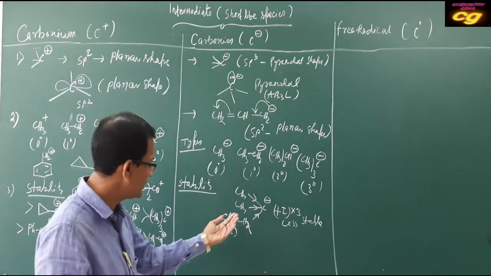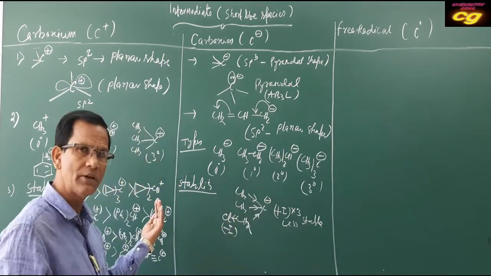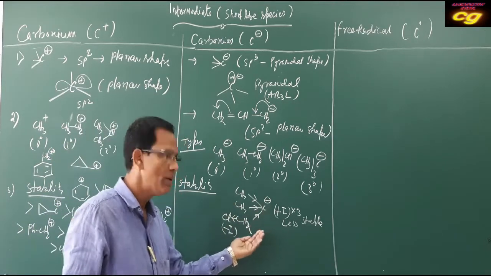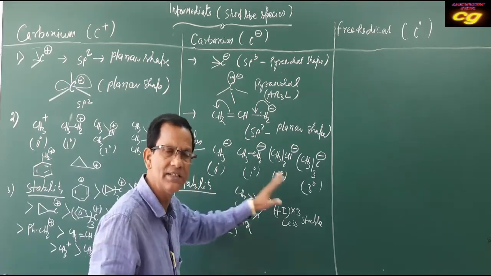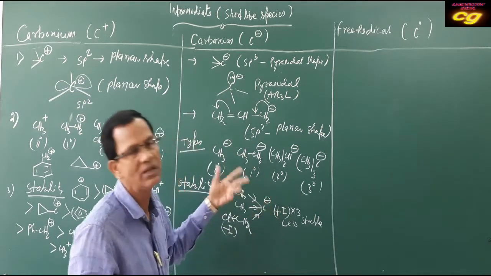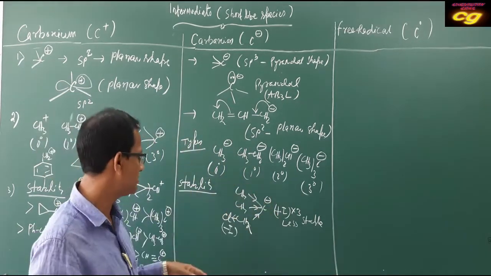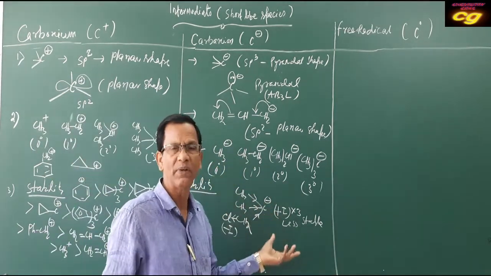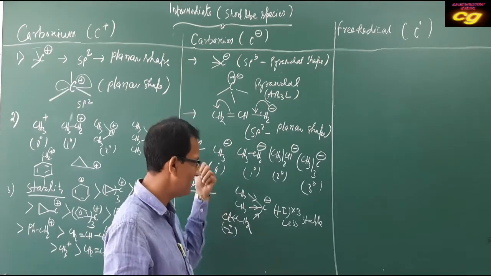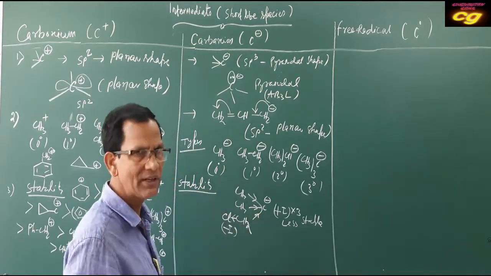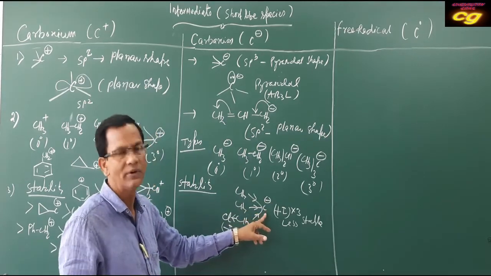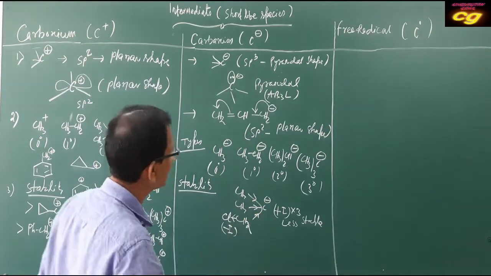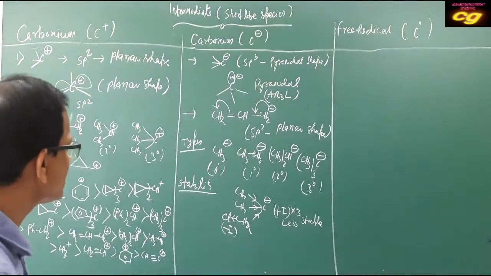Minus I effect removes electron from the carbon atom, that's why stability is more. But plus I effect increases electron density on the carbon atom, so stability decreases. So this is the concept: plus I effect decreases and minus I effect increases the stability of carbon carrying negative charge, that is carbanion.